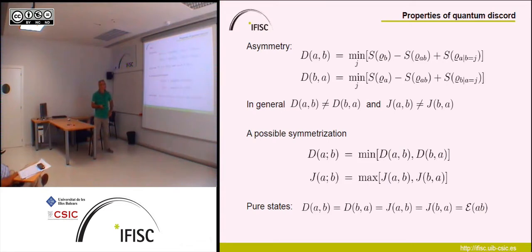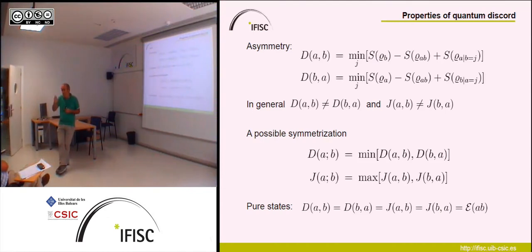How can you measure the discord? For instance, if you have two spins, two qubits, you can think about the possibility of observing the direction of the spin of one of the particles.